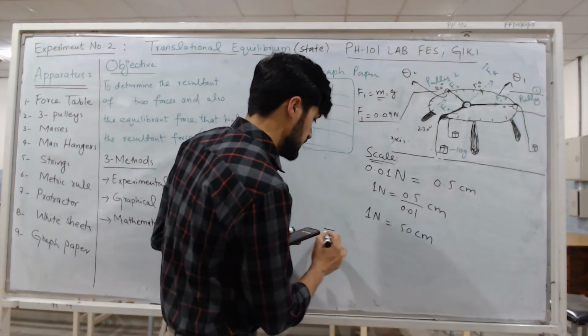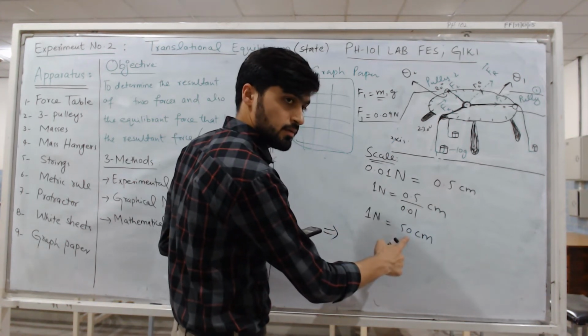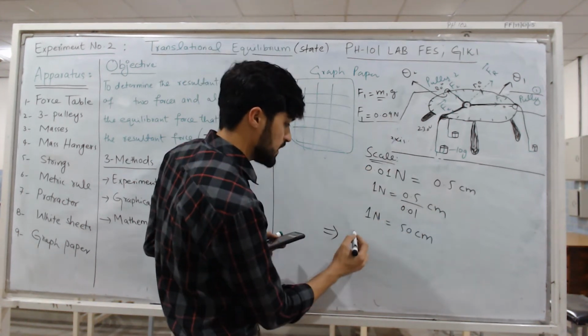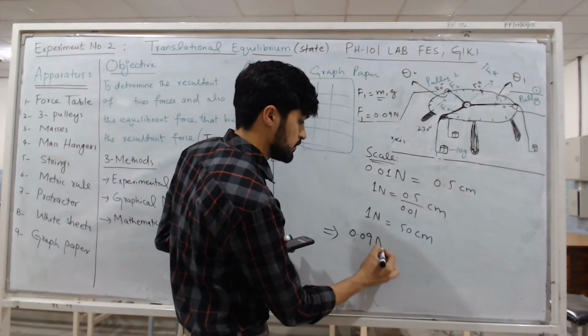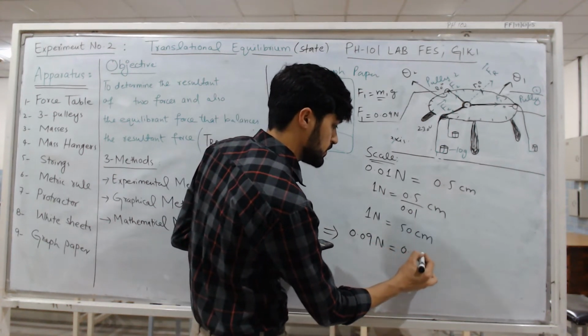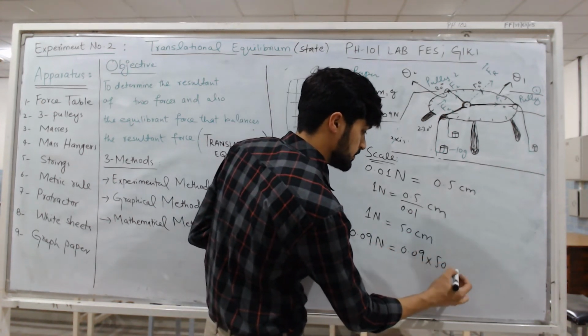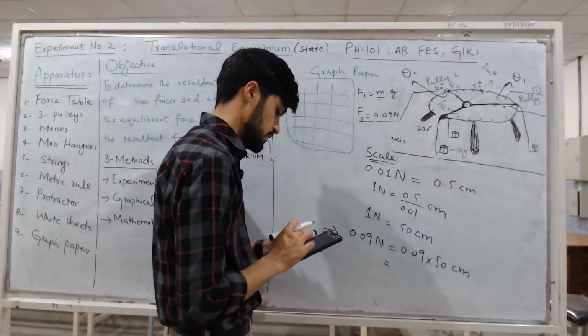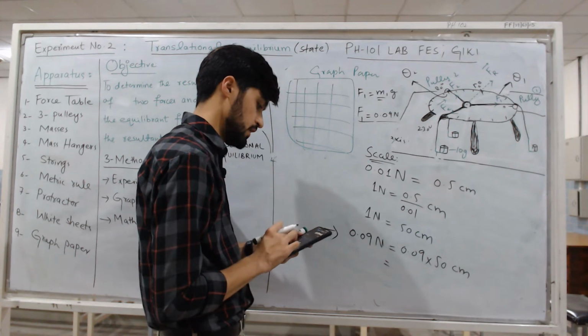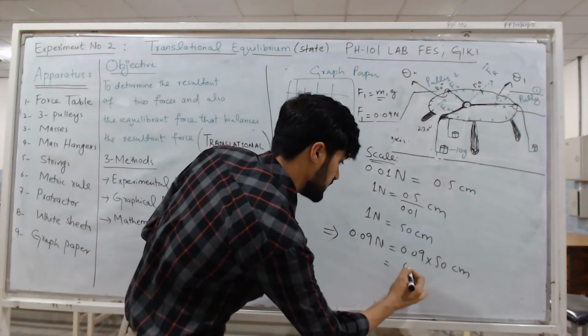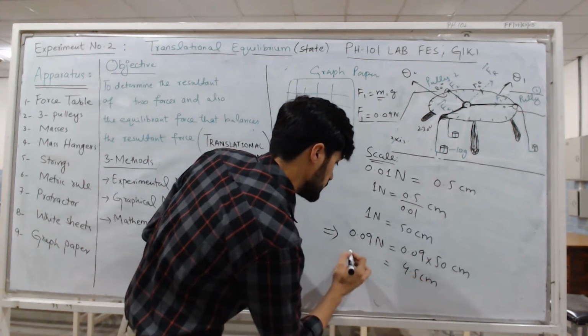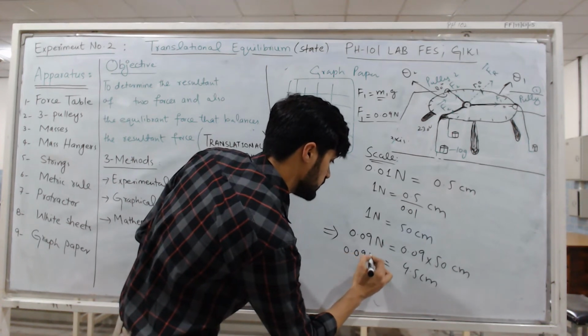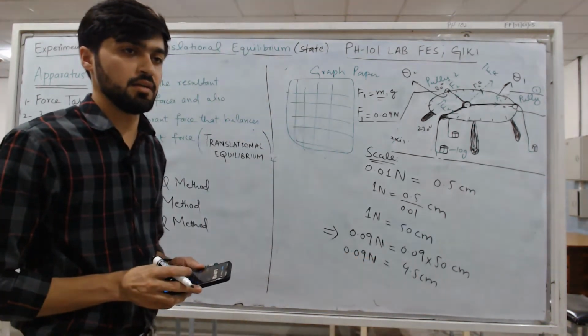So if 1 Newton is 50 centimeter, then 0.09 Newton will be equal to 0.09 times 50 centimeter, which gives you 4.5 centimeter.